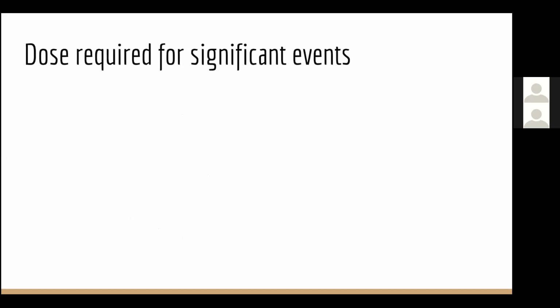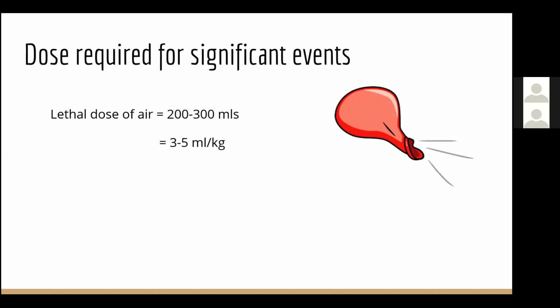So what's the lethal dose required to produce signs or symptoms? The lethal dose is around 200 to 300 mL. If we say in mL, it's 3 to 5 mL per kilogram. More important than the dose is the speed of air entrainment.